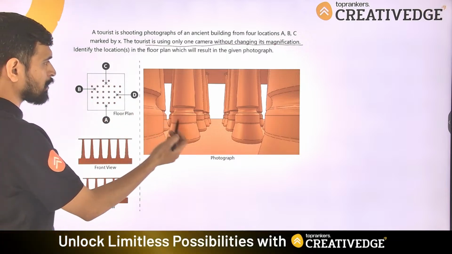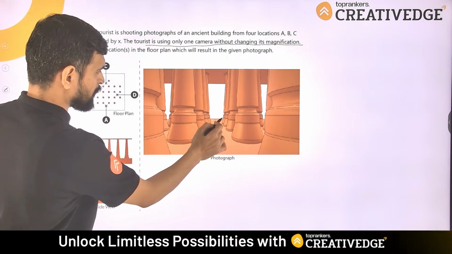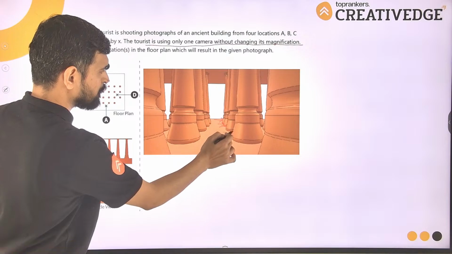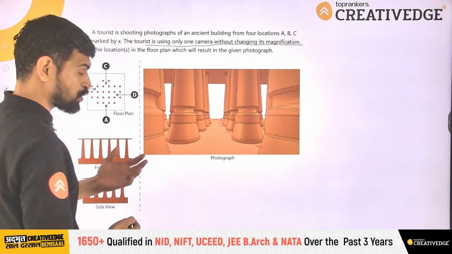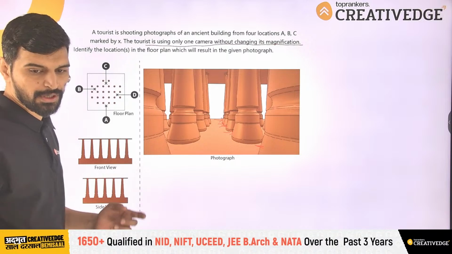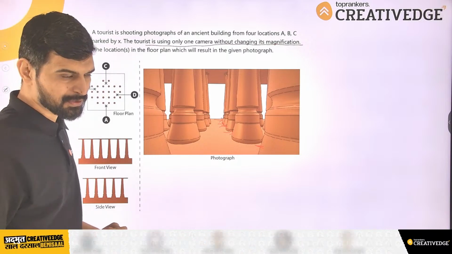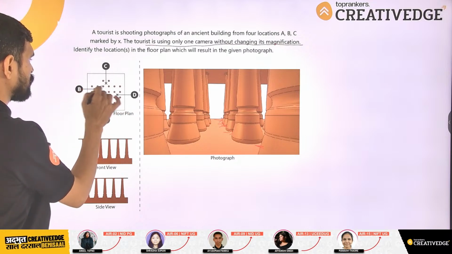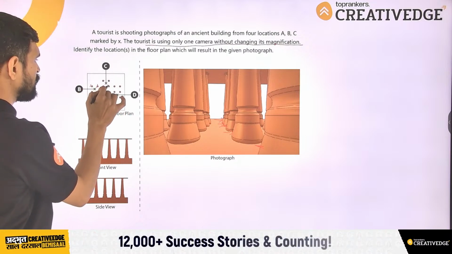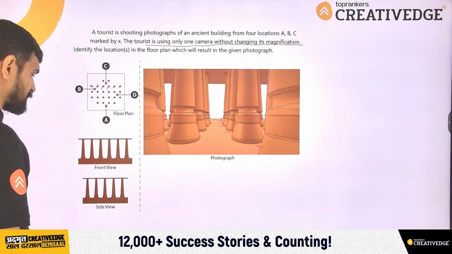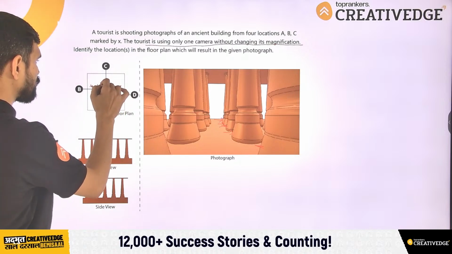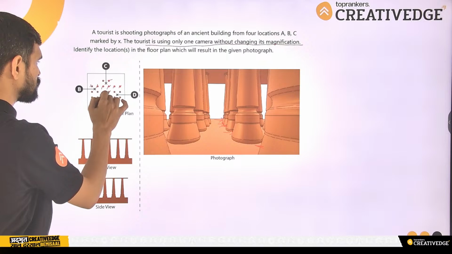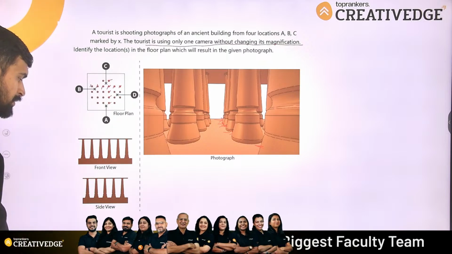See, अगर आप closely observe करेंगे तो you'll find 1 2 3 4 and fifth पिलर जो है वो बिल्कुल closest है फोटोग्राफ जहां से लिया गया है उस पोजीशन से. So we have to count. Say for example, if we count row wise, we have 1 2 3 4 5 6 pillars, and if we count from this end 1 2 3 4 5 pillars, right?